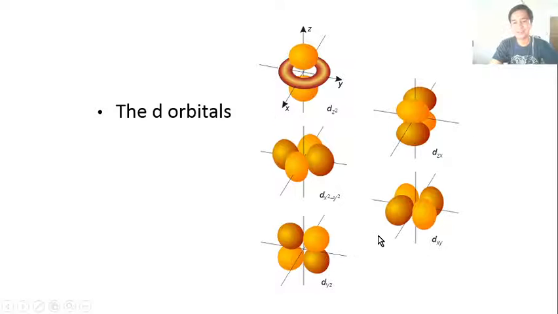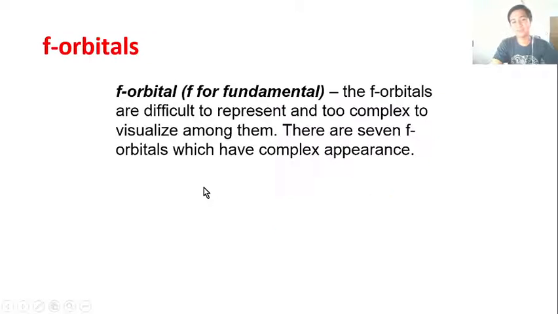That's how it looks now. So this is the d orbital. Why 5? Because it has 5 orientations. That means this is one orbital, one orbital, one orbital, one orbital, and another one orbital. It's a total of 5, right? 5 orbitals under d orbitals.